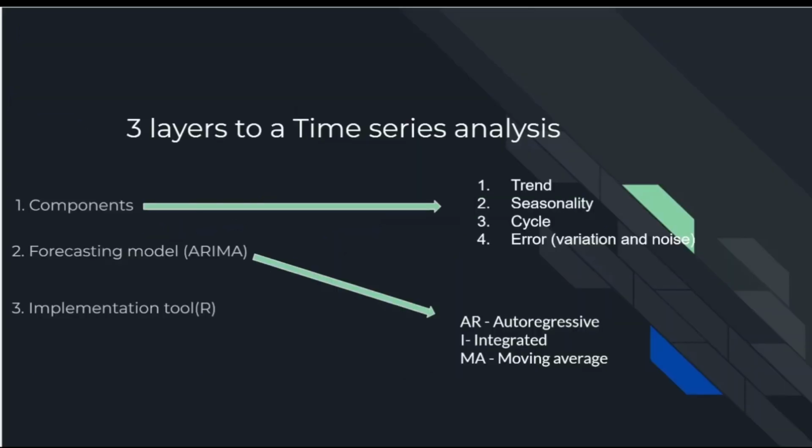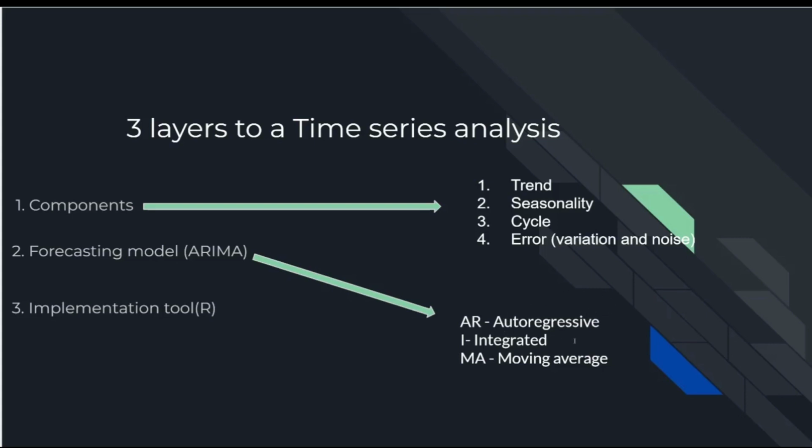So the second part is the model used. What we're going to use to predict the time series, like the COVID deaths, for example. The model is called the ARIMA. It's a very famous model. The AR portion is autoregressive, which has to do with how influential past data is on future data.